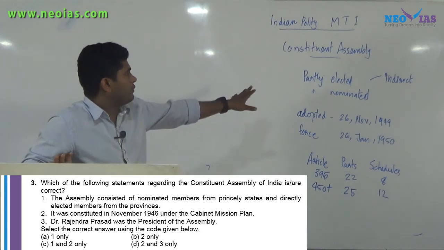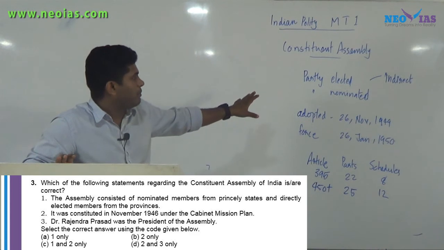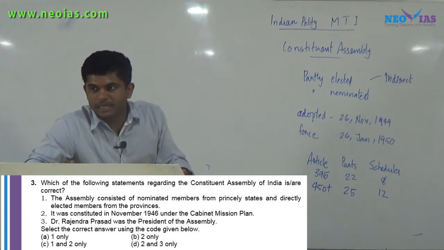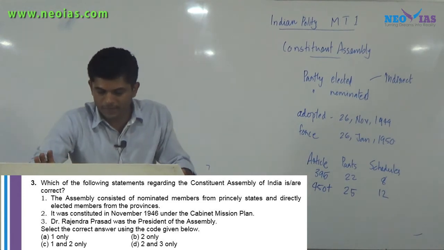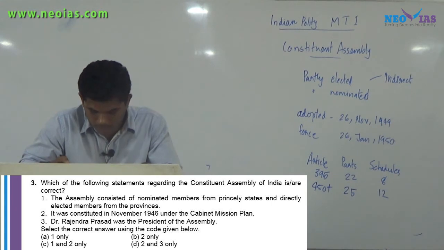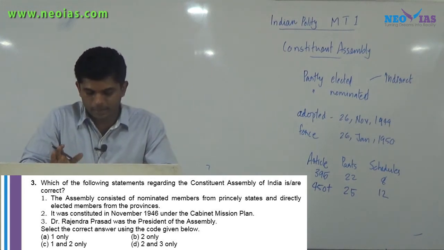We discussed that even though there were elected members in the Constituent Assembly, all the elected members were indirectly elected. So that statement is wrong. Since the first statement is wrong, we can eliminate option A and option C. So statement 2 is a correct statement.